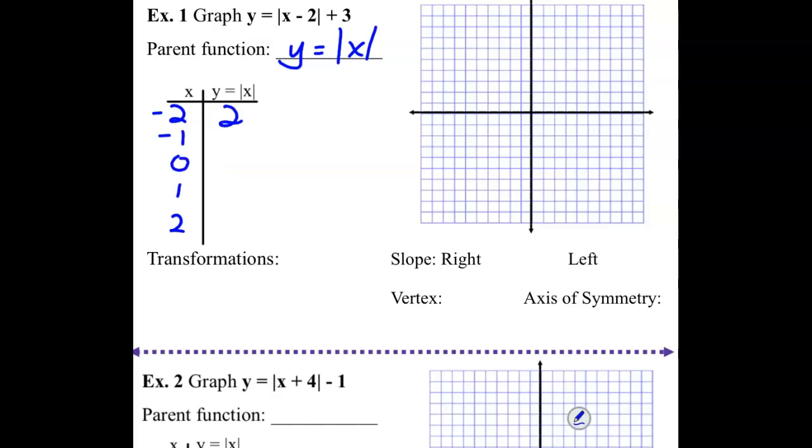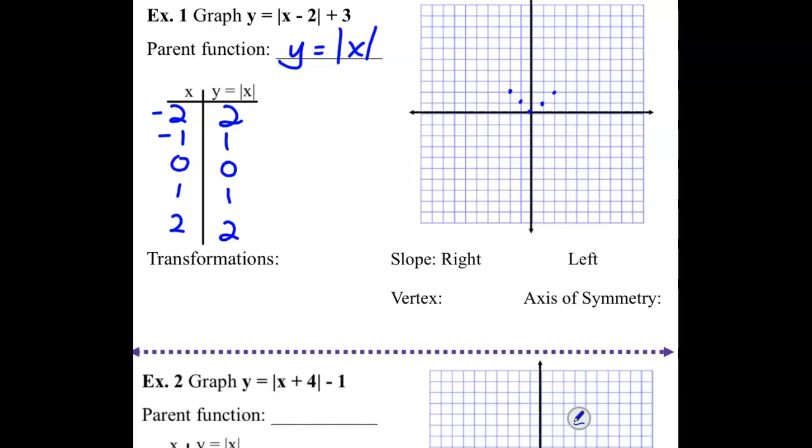Becomes a 2. A -1 becomes 1. Anything 0 or higher stays itself. Plot those points. You don't have to draw the graph in. I just want you to see the V. All right, that is our parent function.